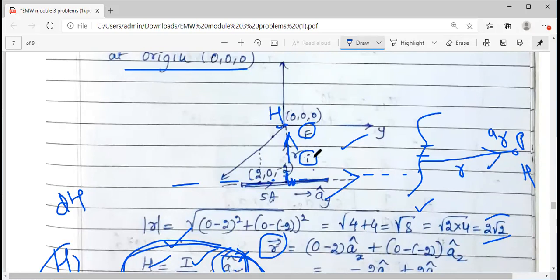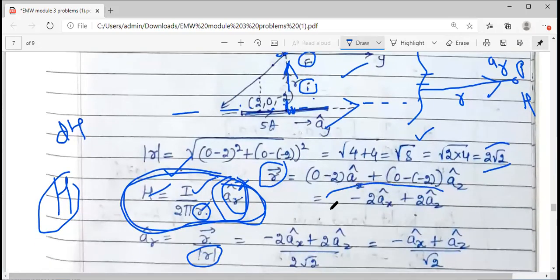Taking final minus initial: 0 minus 2, 0 minus 0, 0 minus of minus 2. No y term will come because the filament is parallel to y. So x and z terms exist for R. So this is the position vector.